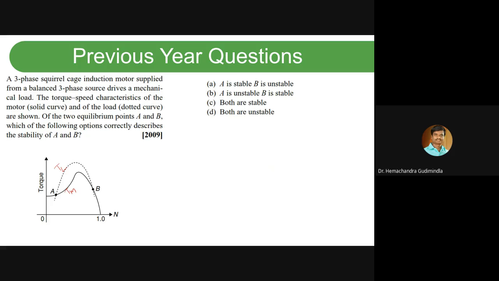How to find the stability at a point? Stability at a point means, let us take a pendulum over here. If you drag the pendulum up to this position and leave it, what will happen? It will move along this direction. First it will swing more, then less, and finally it reaches this position.